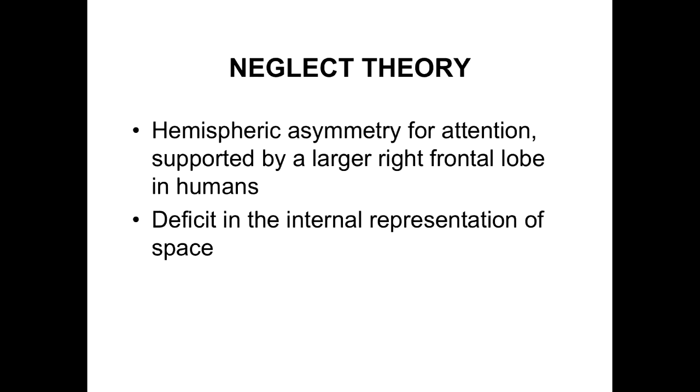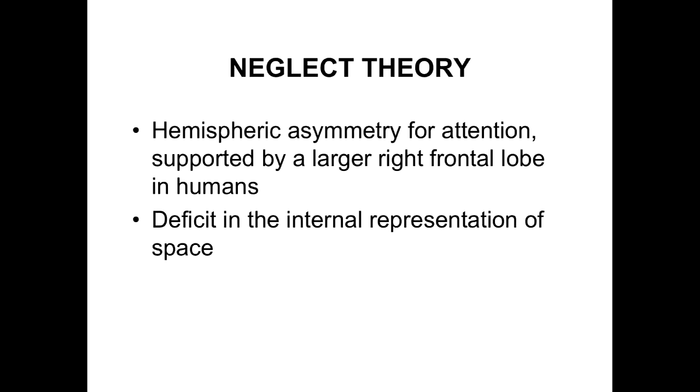So there's some anatomical asymmetry which you don't see in other syndromes other than neglect and aphasia. So the idea is, and I've already talked about it, it's a deficit in the internal representation of space.